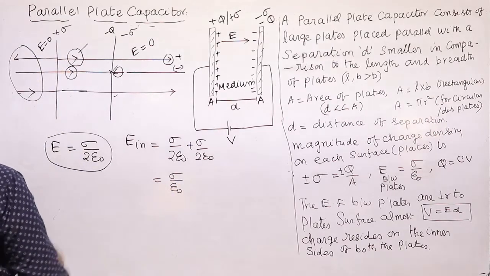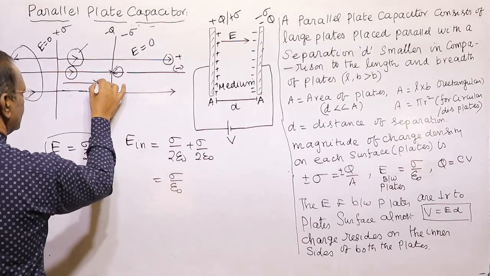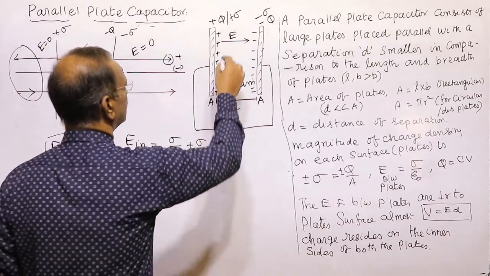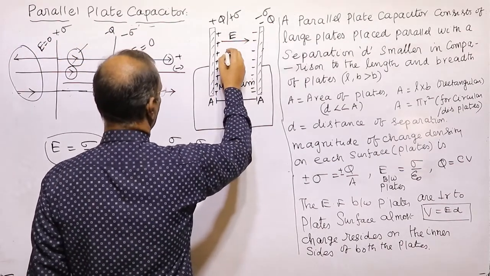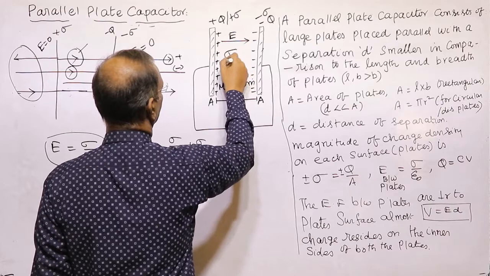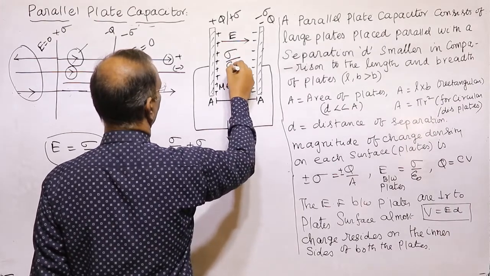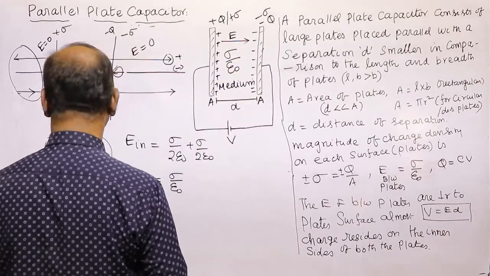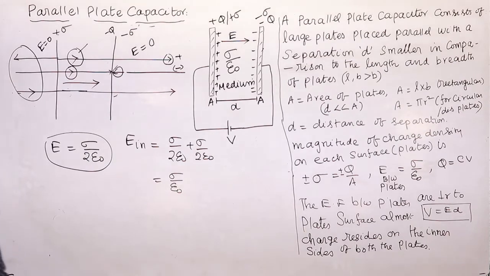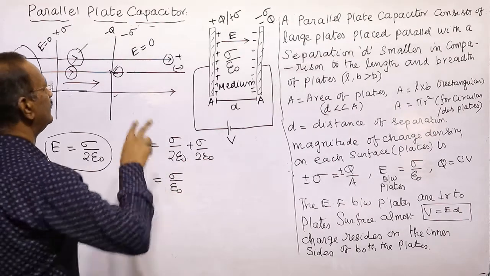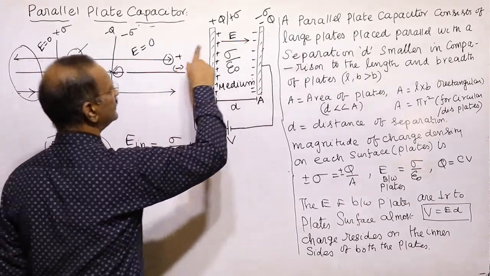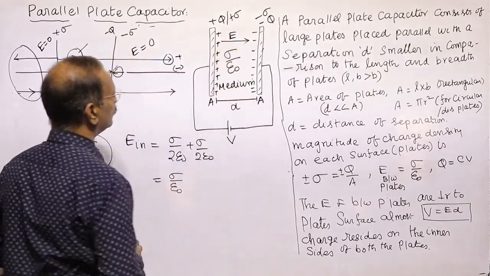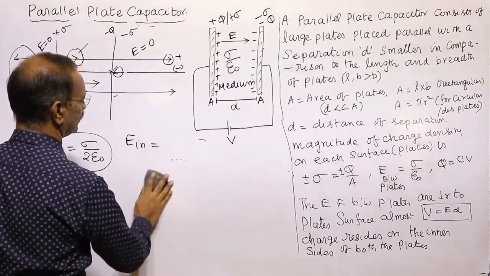The direction will be in this way, from positive to negative. This is the electric field strength inside. So as it is, two parallel plates of opposite charge form a capacitor.